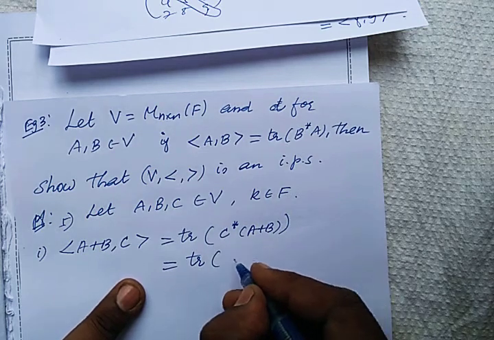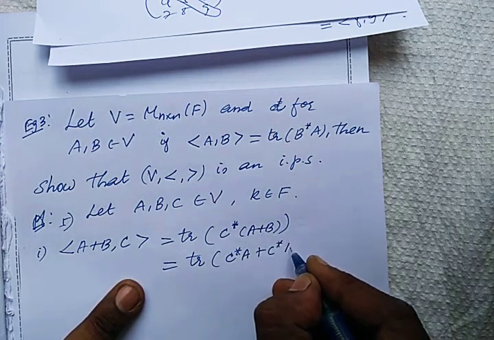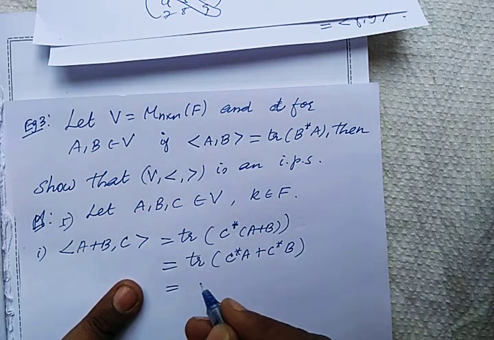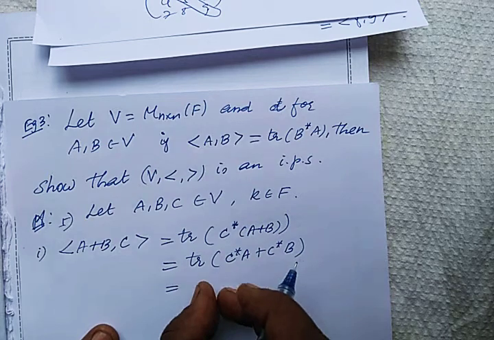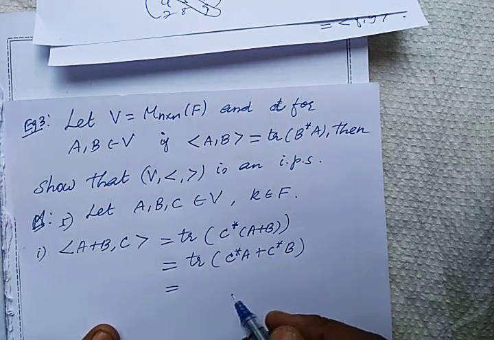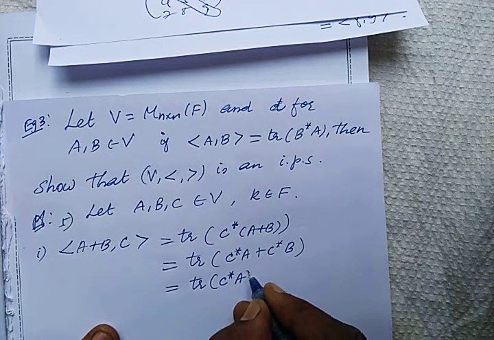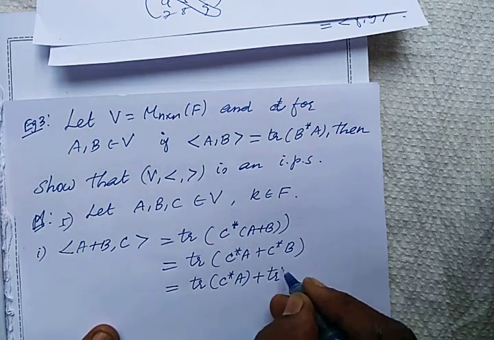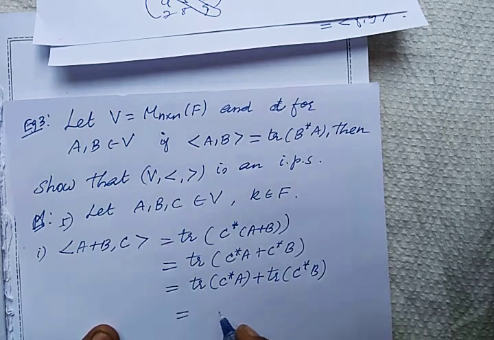So this is C star A plus C star B. Trace of this matrix plus that matrix is equal to trace of this matrix plus trace of that matrix, right? So trace of C star A plus trace of C star B. This is equal to inner product of A comma C plus inner product of B comma C.